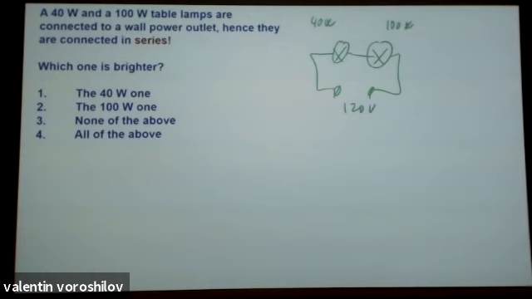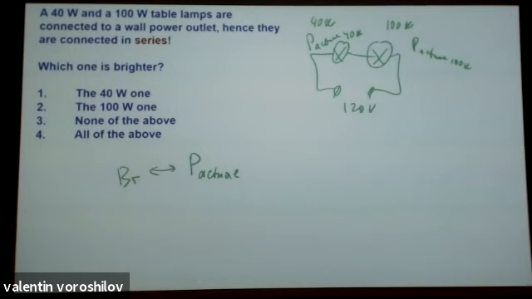Well, but the brightness is proportional to the actual power, not the one written on the bulb. So what we need to calculate now is the actual power, P actual, for a 100 watt bulb and for a 40 watt bulb.